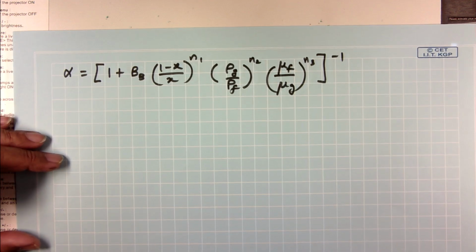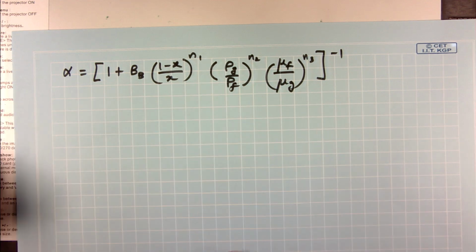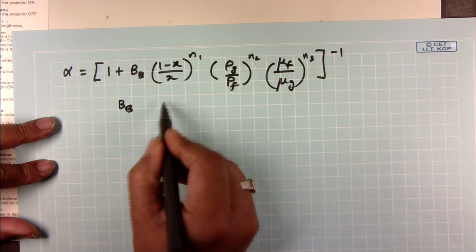Different authors have given different values for this B, n1, n2 and n3. It is there in your lecture notes, but just to highlight a few of them.